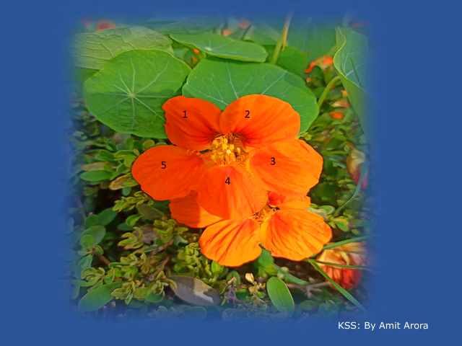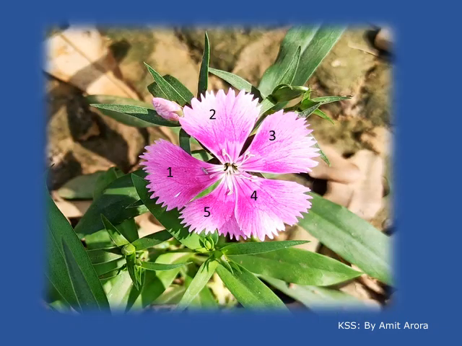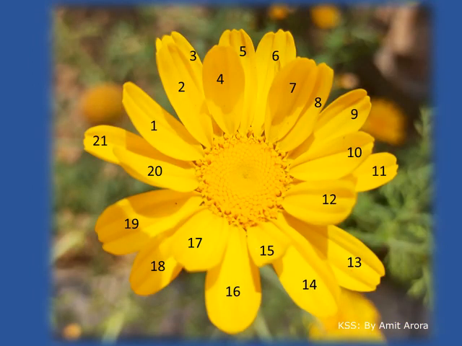The number of petals usually follows the Fibonacci series. You will count 2, 3, 5, 8, 13, 21. So let us see some examples.